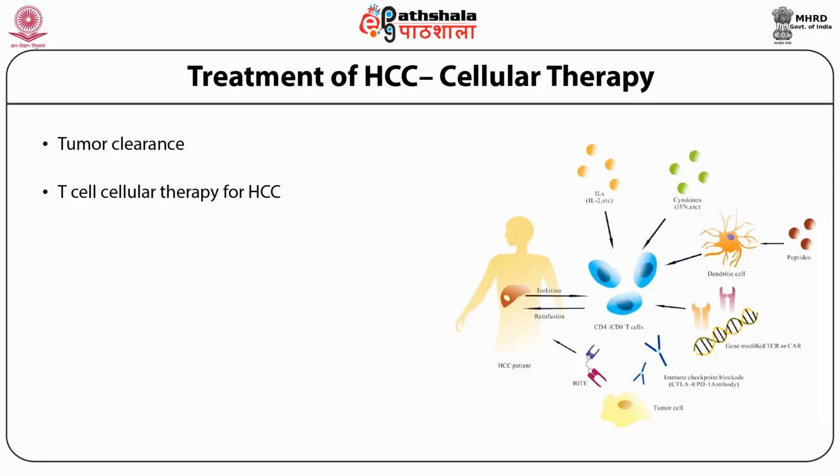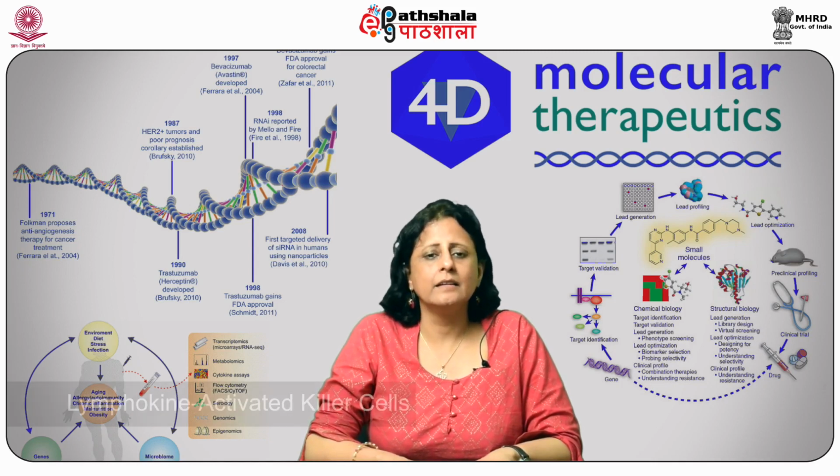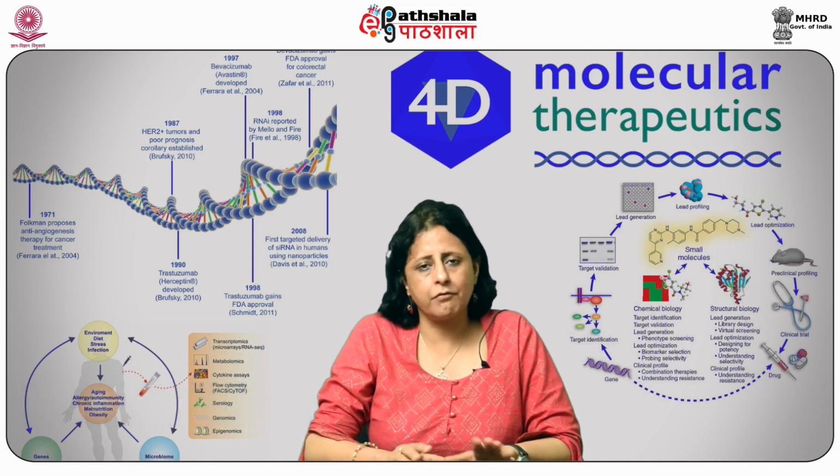tumor cell evasion. Various tumor immunotherapy techniques associated with T cells have been developed during the last 2 decades and brought excellent outcomes. There are different kinds of activated killer cells, like lymphokine activated killer cells. Where do lymphokine activated killer cells come from?